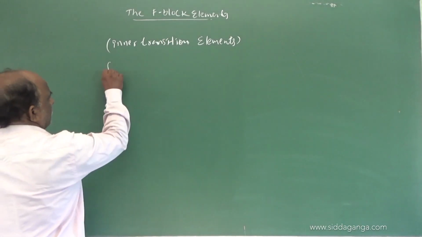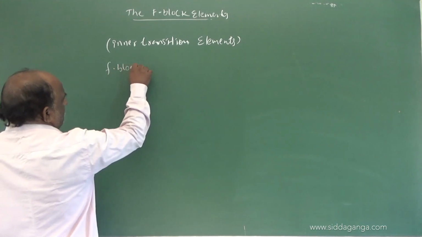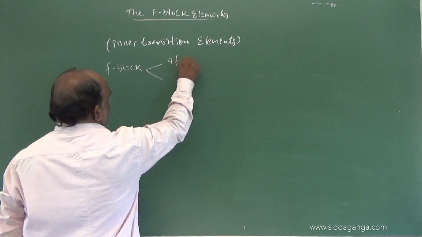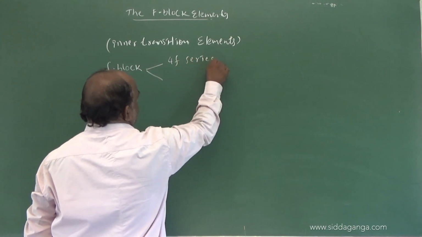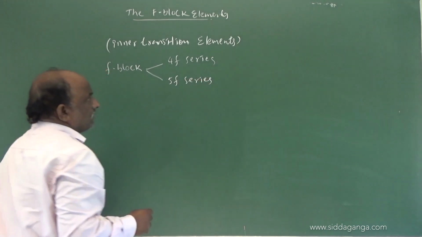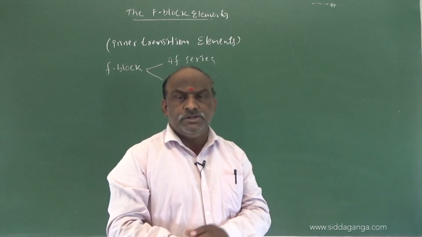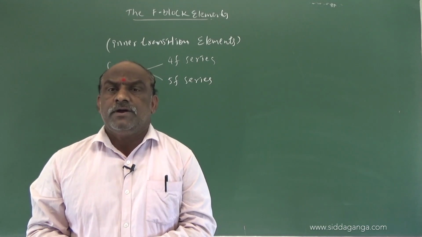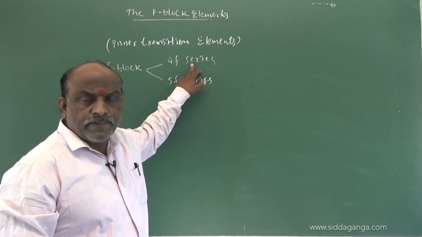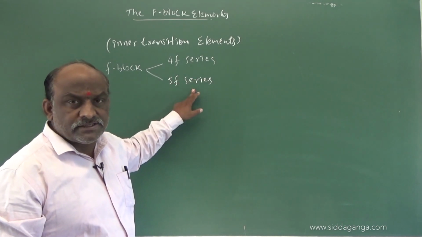F block is further divided into 2 series: one is the 4f series, the second one is the 5f series.